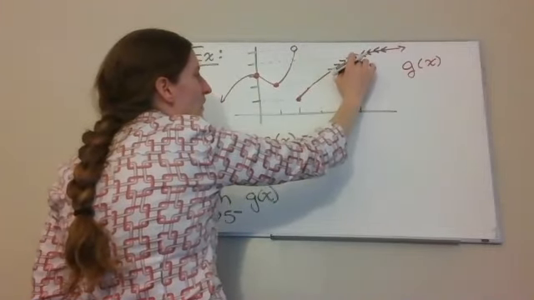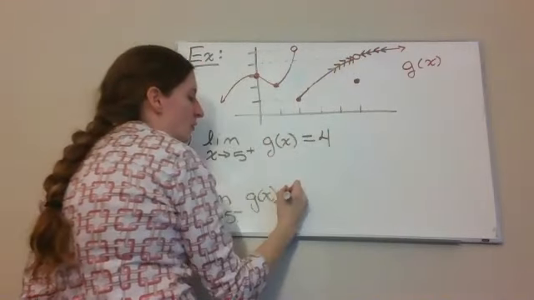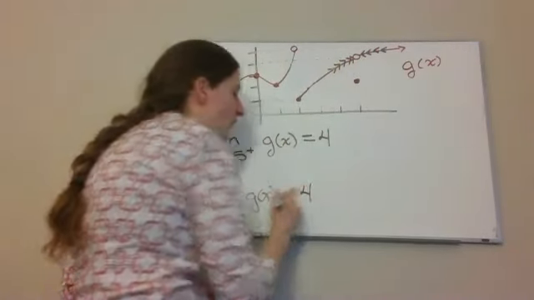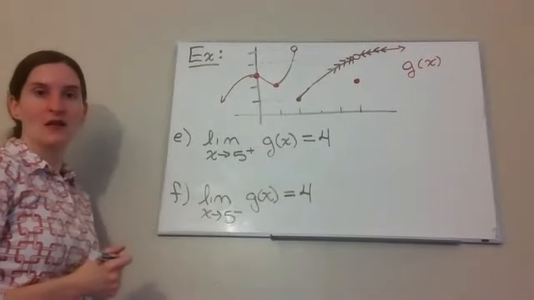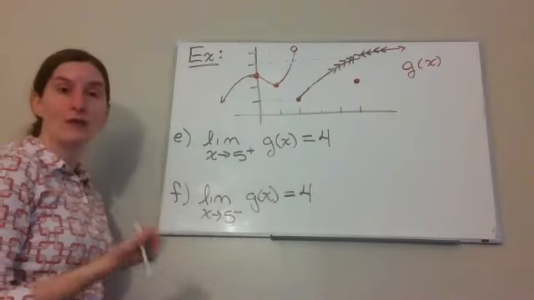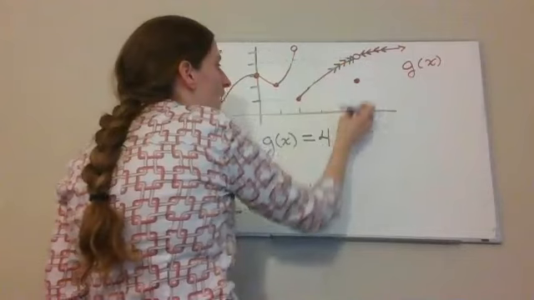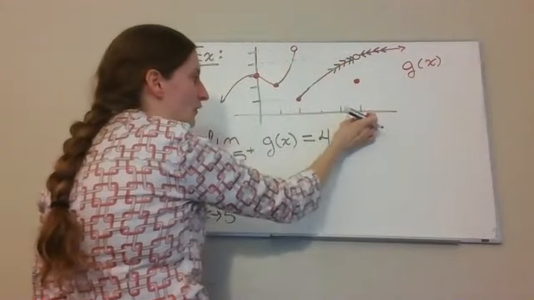And it looks like the behavior of the function is saying we should be approaching the y value of 4 again. So both the left and the right side limits gave us 4. It looks like the function's getting closer and closer to 4 as my values are getting closer and closer to 5.